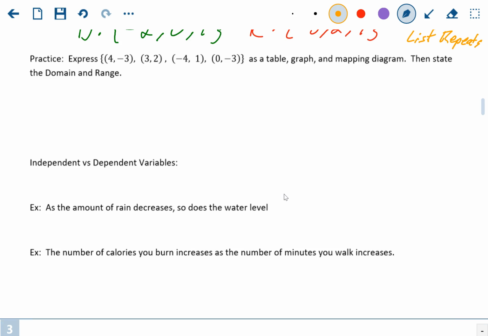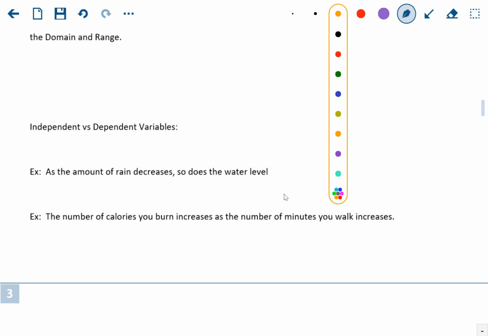But the last thing we want to talk about is independent and dependent variables. So again, these mean the X values and the Y values, the inputs and the outputs, but they're more often used to describe scenarios. All right, your independent variable, which remember is your X values, determines the result.